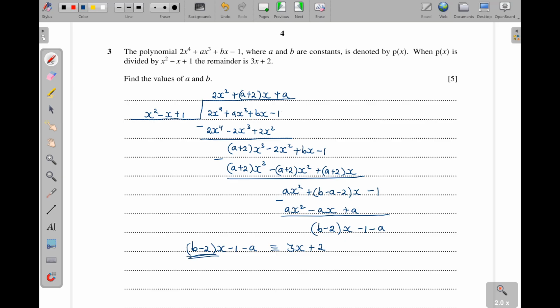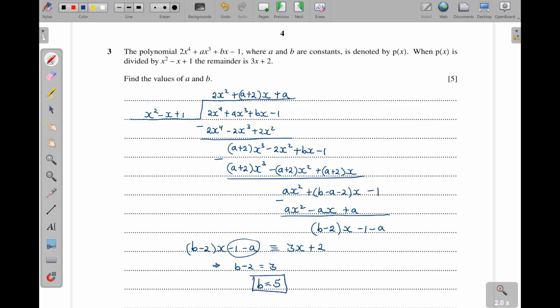The coefficient of x here is supposed to be equated to this 3. So we shall therefore have b minus 2, which is equal to 3. And when this one crosses, it becomes a plus, and our b becomes a 5.